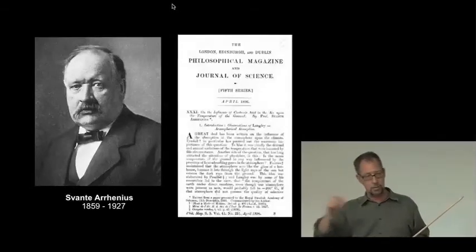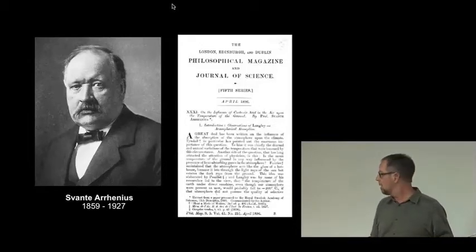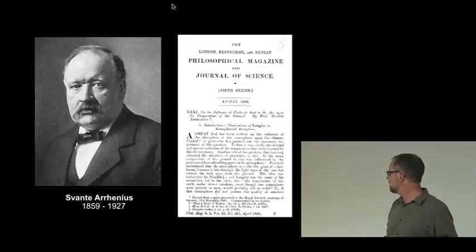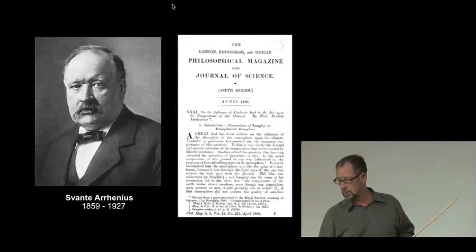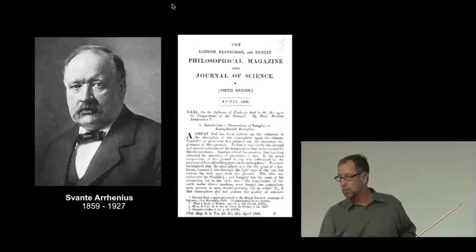And so he did a bunch of mathematical calculations, again by hand, published in 1896 on the influence of carbonic acid in the air on the temperature in the ground, and he deduced from his calculations that eventually the Earth would warm, the atmosphere would warm, from the burning of fossil fuels. He thought it would take a long time, though.